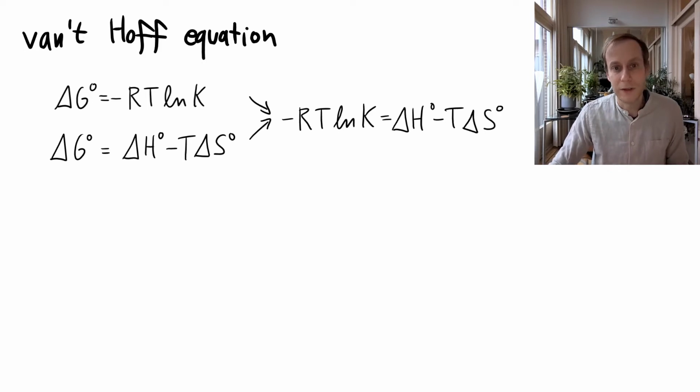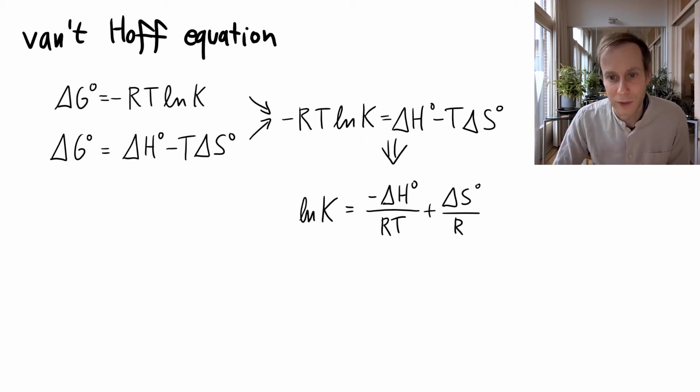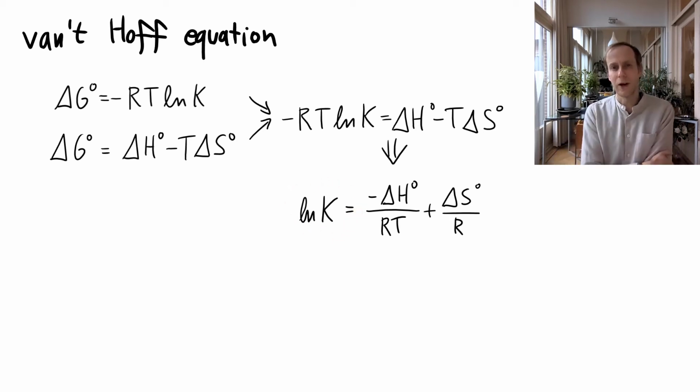So just the right side of the equilibrium constant equation and the right side of the Gibbs free energy definition equated gives us, when we rearrange it, the so-called Van 't Hoff equation, where the natural logarithm of the equilibrium constant depends on the temperature, which you see here in the denominator.